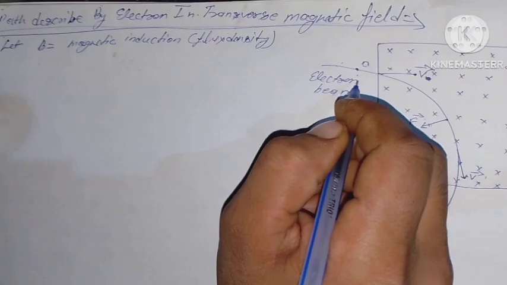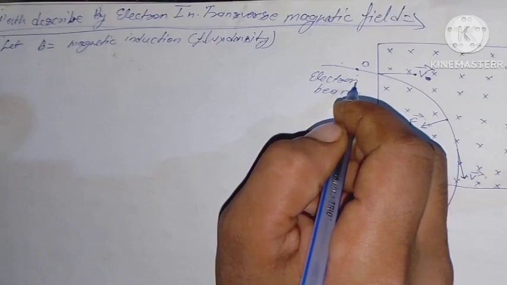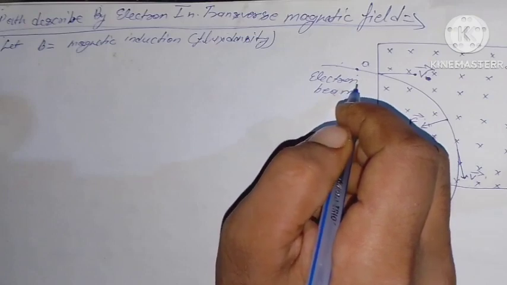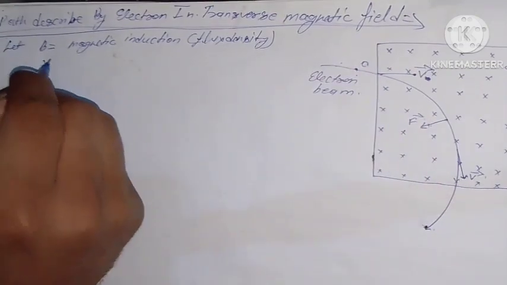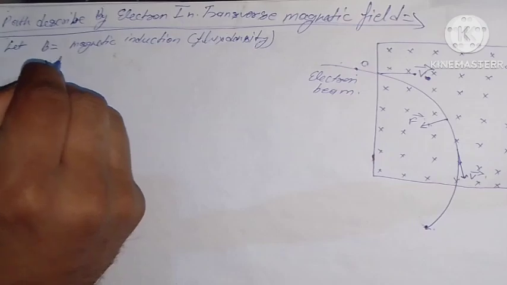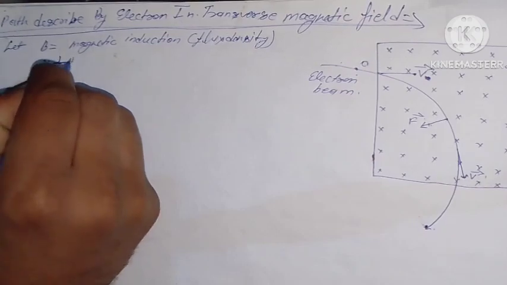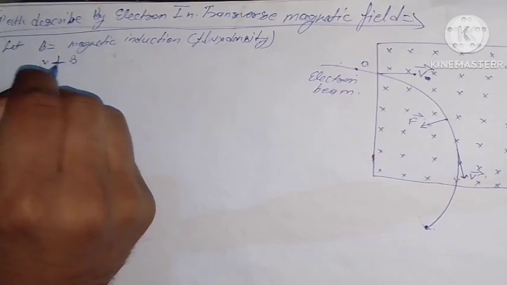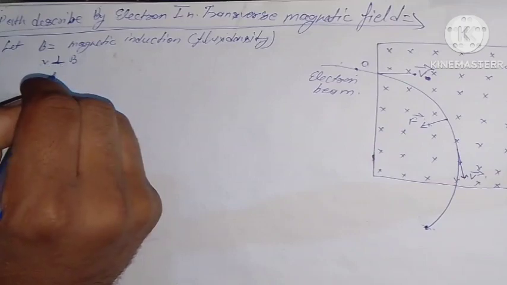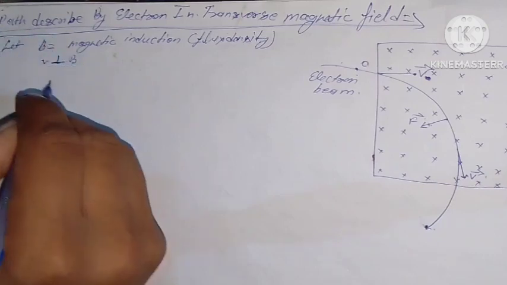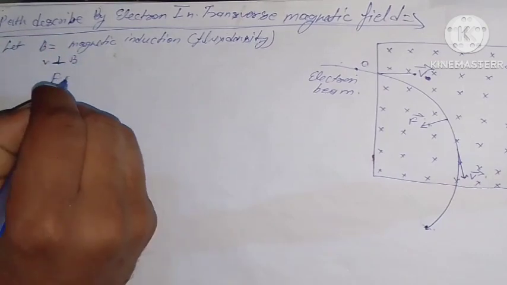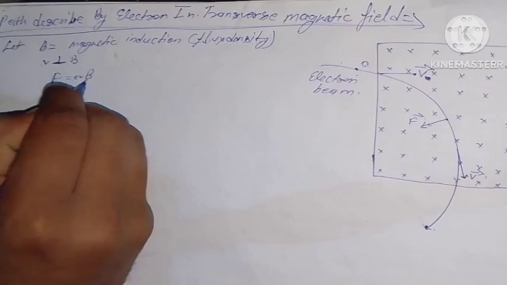Then, since v and B are at right angles to each other, the magnitude of the magnetic force exerted on the electron is given by F equal to evB.